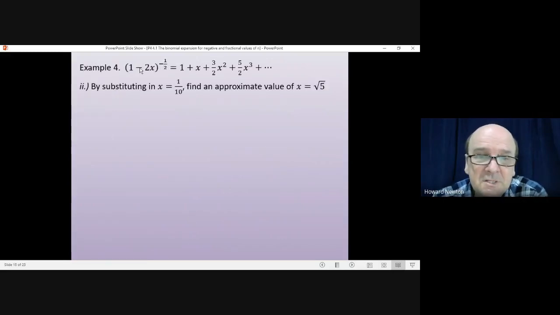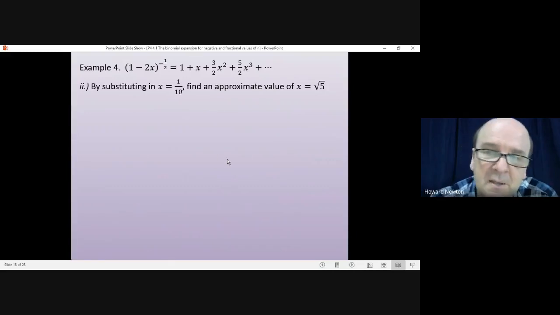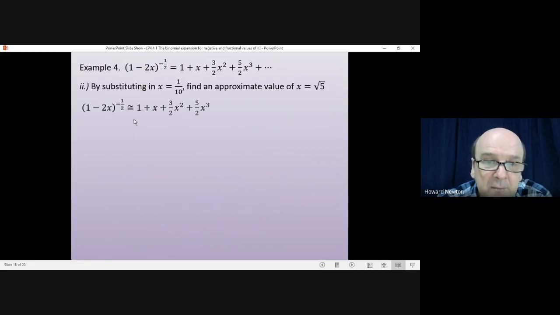Now, the question continues by saying, by substituting in x equals 1/10, find an approximate value for root 5. Now, if we put x equals 1/10 into the formula that we've just got, then if we're just going to look at the first 4 terms, so I've got rid of the extra terms here, instead of being equals to, it's now become approximately equals to, because I'm only looking at the first 4 terms, and I am neglecting all the higher power terms.